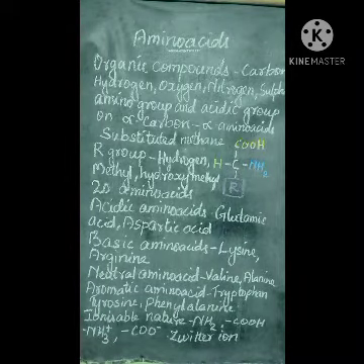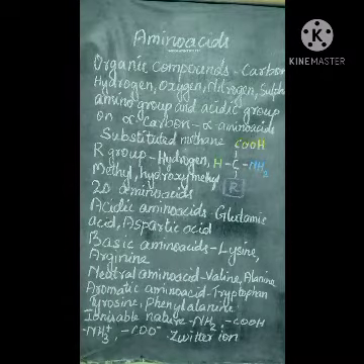So the amino group becomes NH3+. So when the amino acid has both the amino group and the carboxyl group in ionic form, that is NH3+ and COO-, it is said to be a zwitter ion. This is the zwitterionic form of the amino acid.